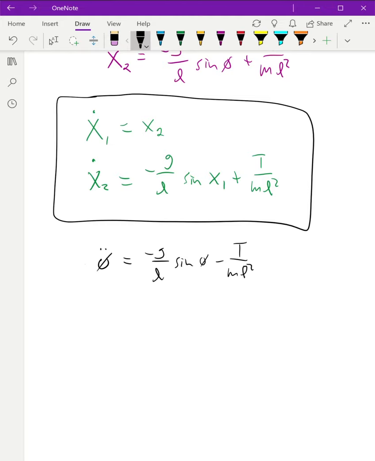So what we do is, instead of seeing theta double dot as a second derivative of theta, we see it instead as a first derivative of like an angular velocity, omega, right? And we know that x2 is equal to that, right? That's the same as theta dot.